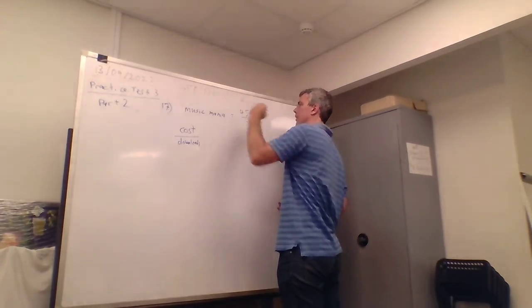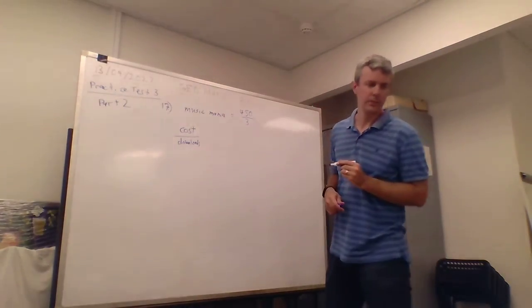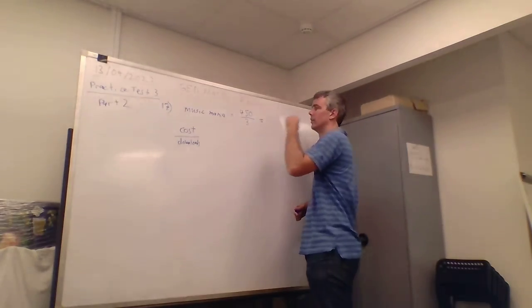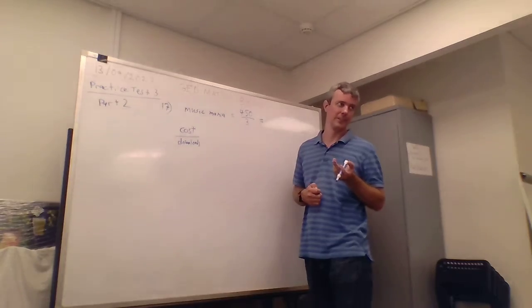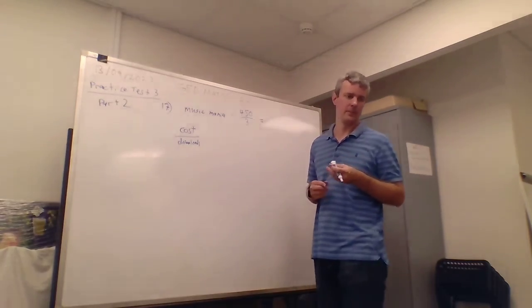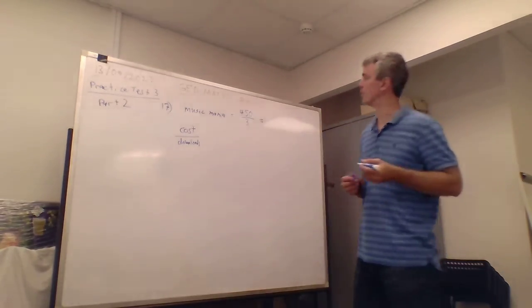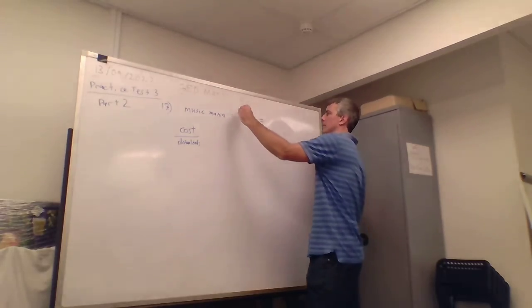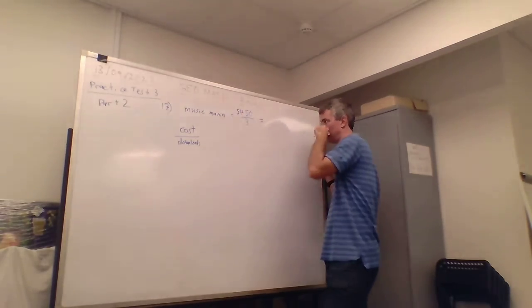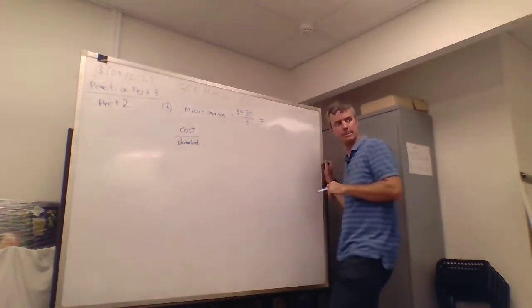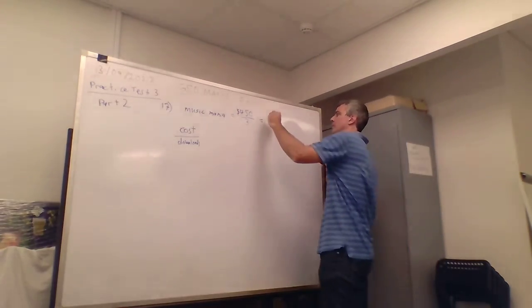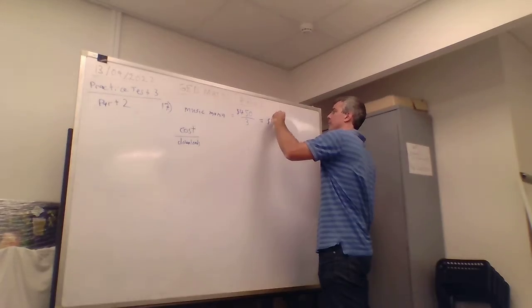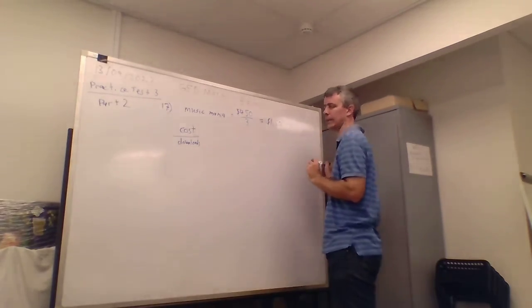Divide by 3, right? 4.5 divided by 3. You can do that in your calculator, or in your head too. 4.50 divided by 3 is 1.5. So 1.50. Okay, that's Music Mania.